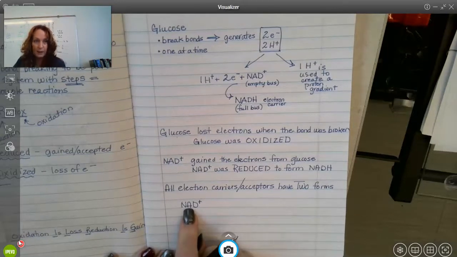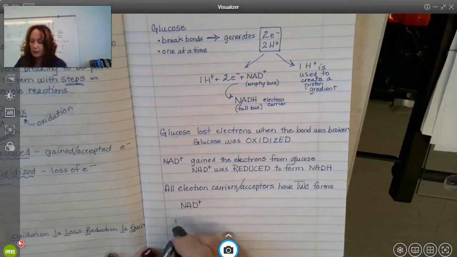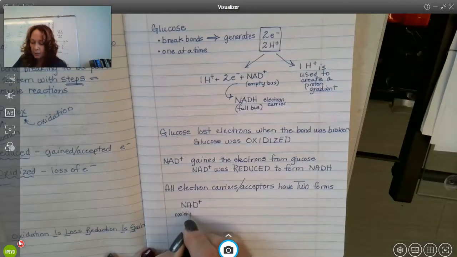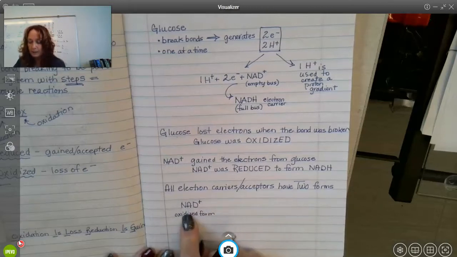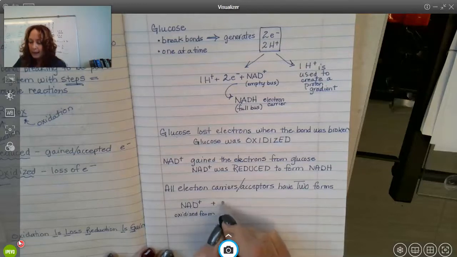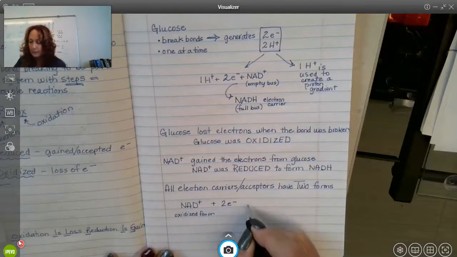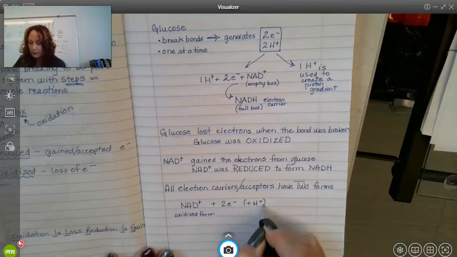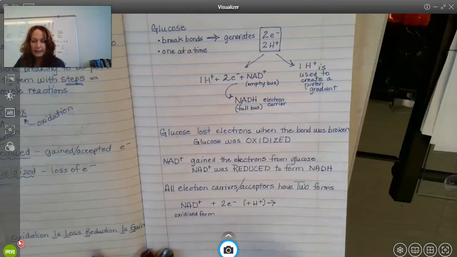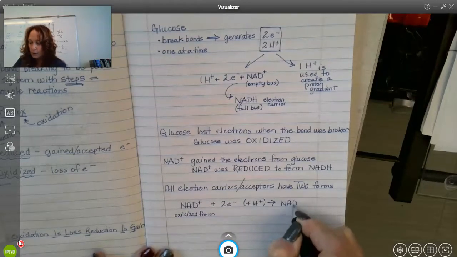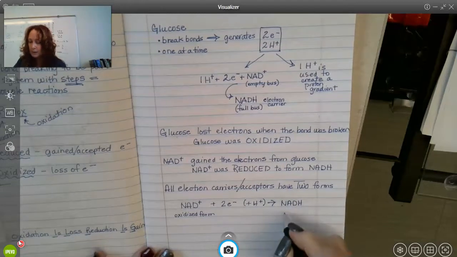They had to get off the bus. When they did, they went somewhere, and now this bus is missing the electrons. This is the oxidized form. When it gains the two electrons and the hydrogen that goes with it, gaining electrons converts NAD to its reduced form, NADH.